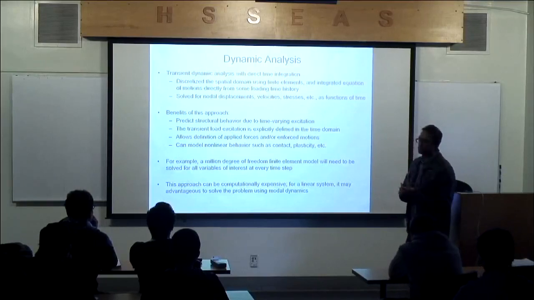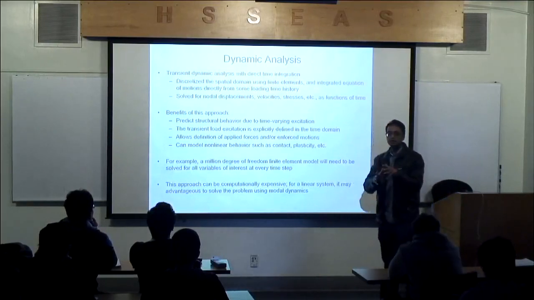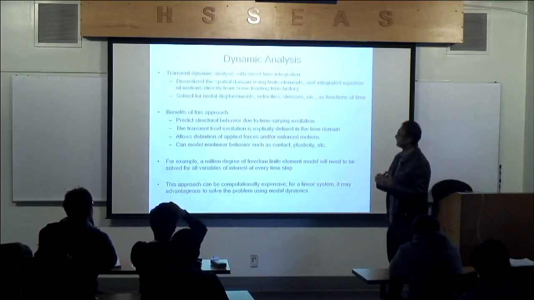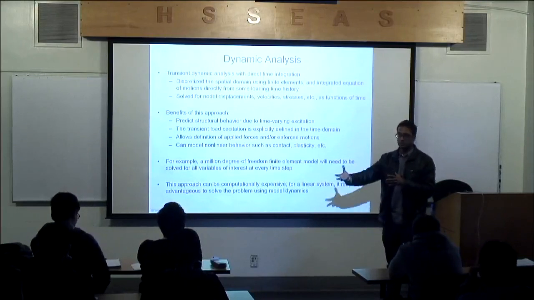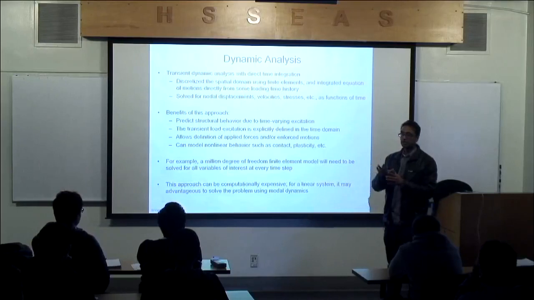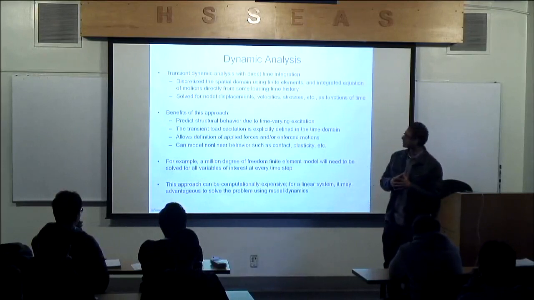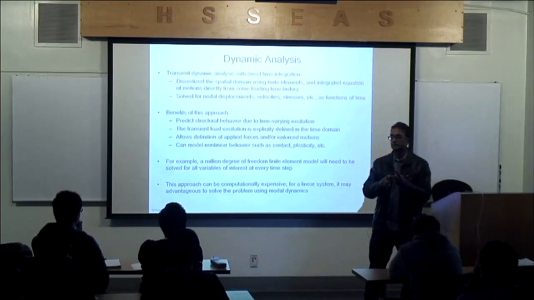So we learned that in the transient dynamic analysis with direct time integration, what we covered last week, we discretized the spatial domain using finite elements, and then we integrated the equations of motion using the loading history information and using the procedure called Newmark beta method. In that case, we solved for nodal displacements, and if I have displacements, do you agree I have velocities?